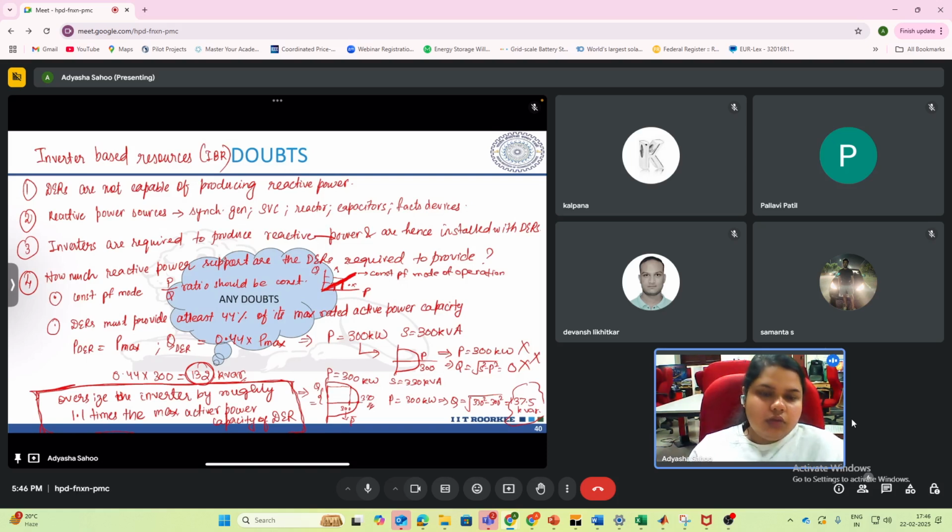So, due to this requirement of reactive power only, the rise of inverter-based resources, that is inverters installed along with DRs, is rising now, and various standards and mandates are coming up, which specify what the PCC voltage should be that they need to maintain, and what power factor they need to maintain at the PCC.